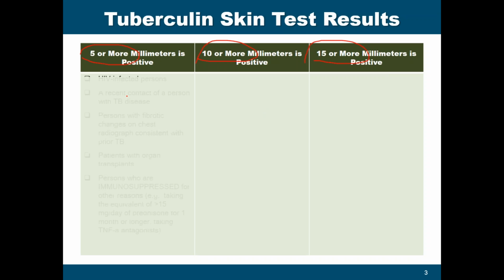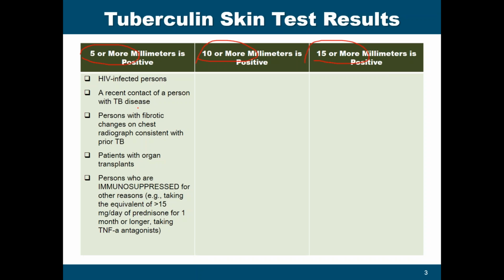So for the first column, 5 or more millimeters is positive. This includes patients who are HIV infected, patients who have recent contact with a person with TB disease, persons with fibrotic changes on chest radiograph or x-ray consistent with prior TB, patients with organ transplants, persons who are immunosuppressed, or those who are taking steroids, for example.